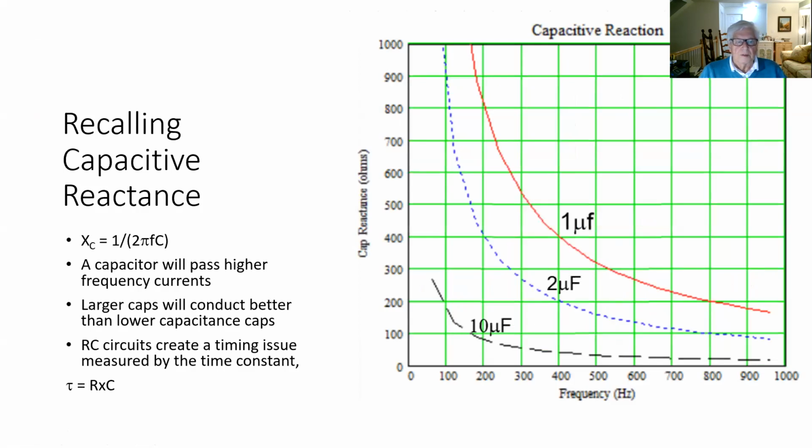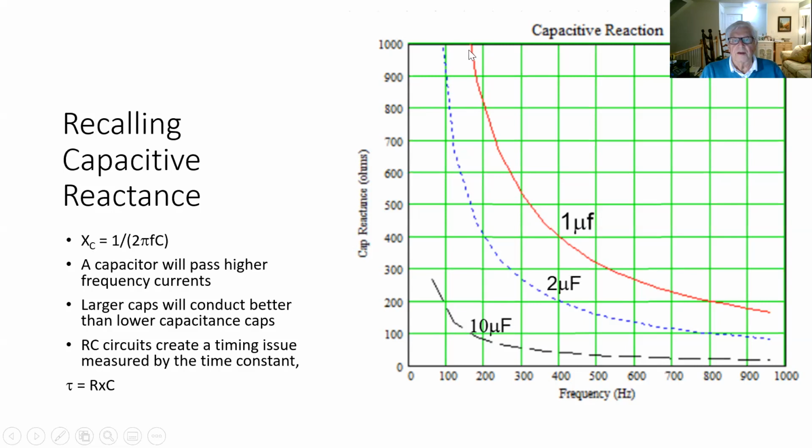So how do we come about figuring out what resonance means? Well, first of all, we need to recall how the capacitive and inductive reactance work. Both are a function of frequency. As you can see, for the capacitive reactance, Xc is inversely proportional to the frequency.